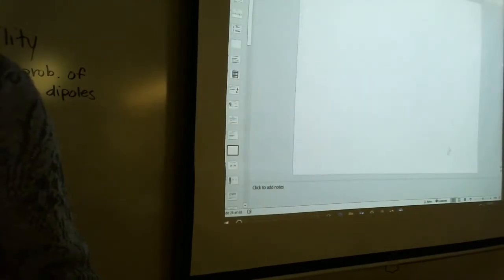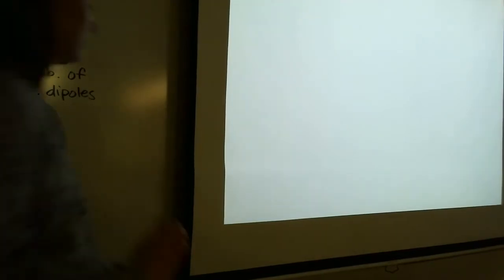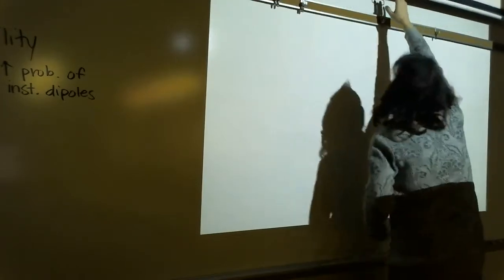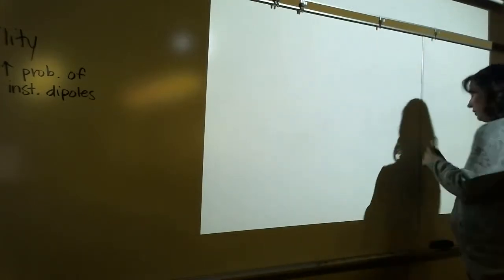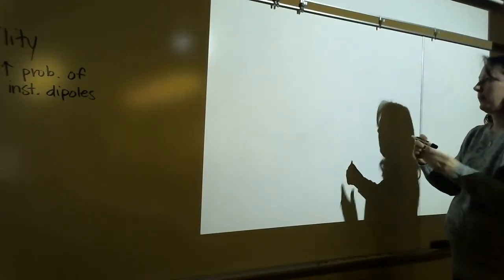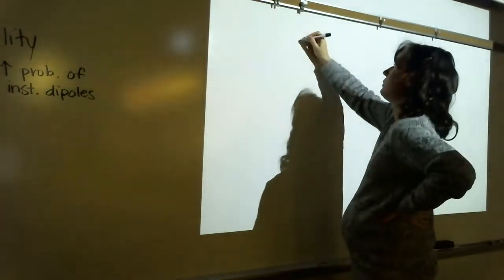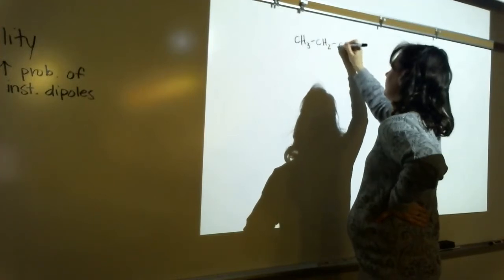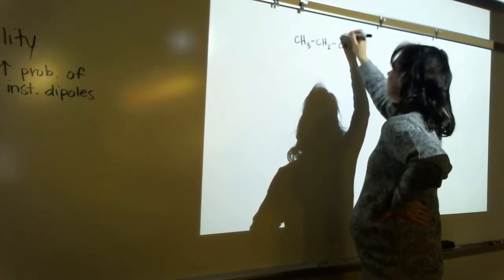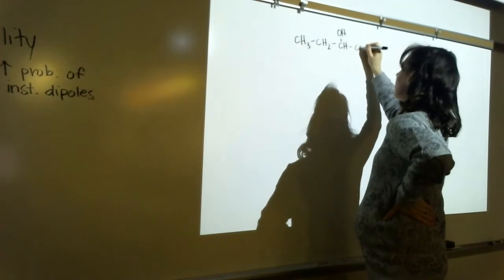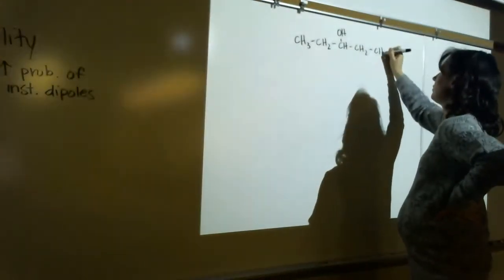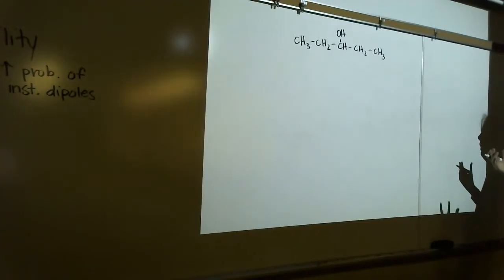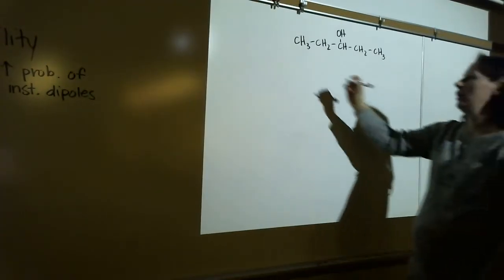So let me give myself some space to draw here. So for example, if we have this molecule, we'll learn how to name this one soon as well. And I say, okay, what intermolecular forces do we have here? What's the first one?